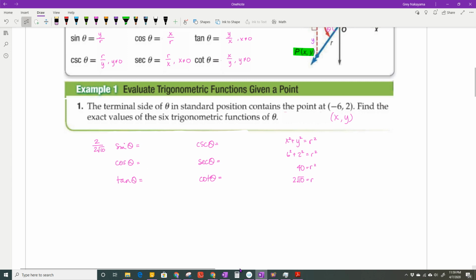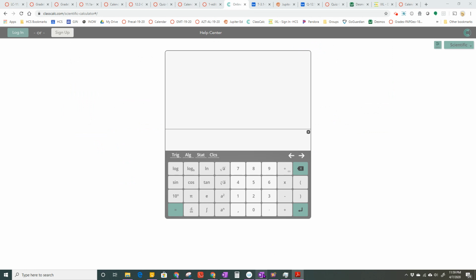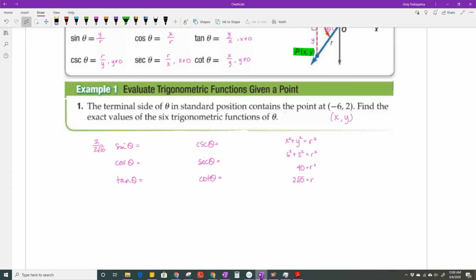If you do not know how to do this, have ClassCalc handy. 2 divided by 2 square roots of 10 equals, it gave me a decimal, but I can click on here and say, give me the square root. And it tells me that it's the square root of 10 over 10. That's because, in case you can't see, those 2's are going to cancel out. So this does become the square root of 10 over 10.